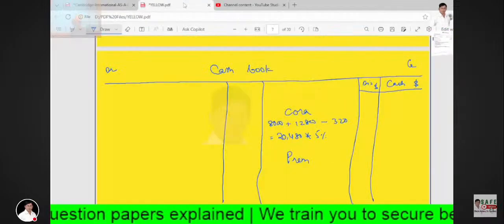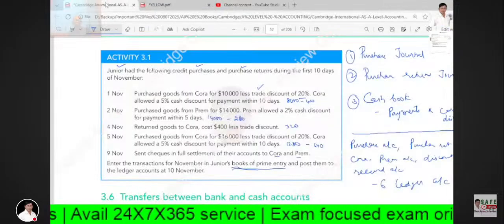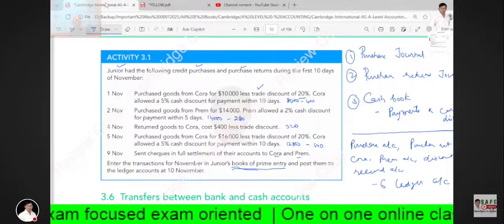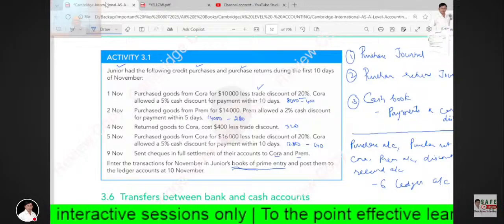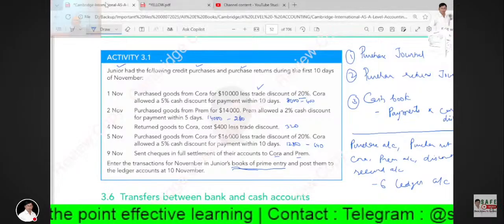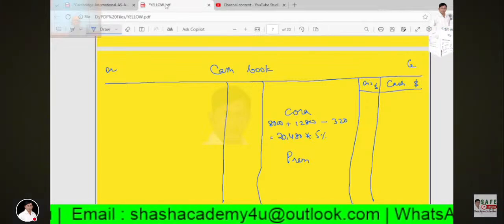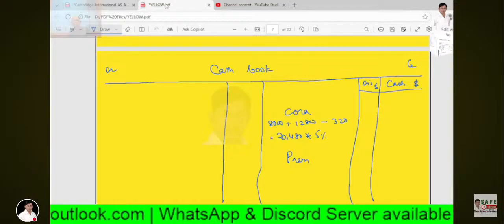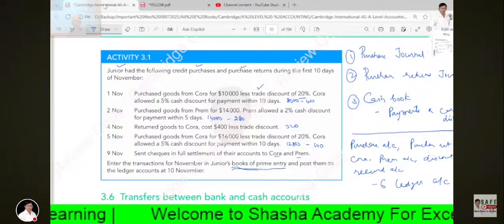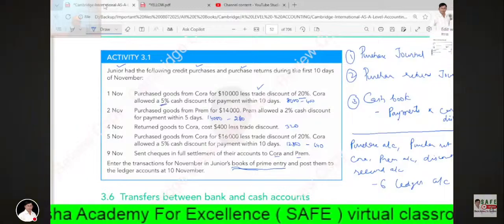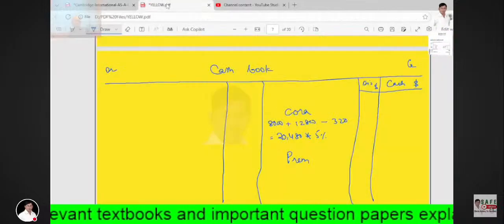Cash discount is on the net purchases. 8,000 is the first purchase. Then second purchase is 12,800, and there is a return of 320. So net purchase is 20,480 and discount is 5%. Be careful, sometimes the rate of cash discount will be different. In this case, here also it's 5% cash discount, so there is no variance and you can take 5% cash discount on this.